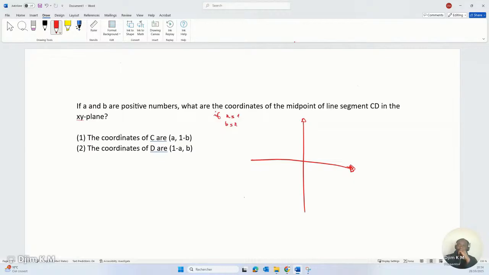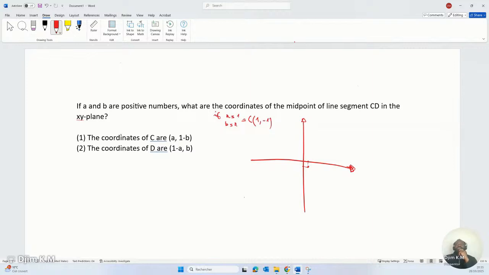So that means the C coordinate here will be 1, and 1 minus 2 will be minus 1. So C will be 1, minus 1. It can be something right here.